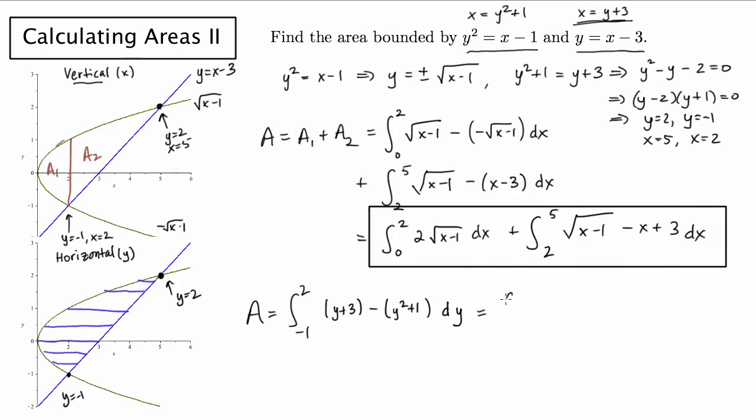So if I simplify that up a little bit, get all the good pieces in there, I'll end up with minus y squared from this piece plus y plus 2 dy.